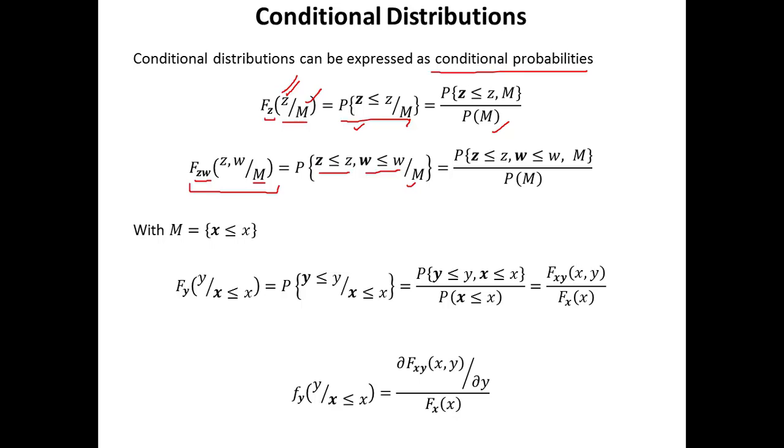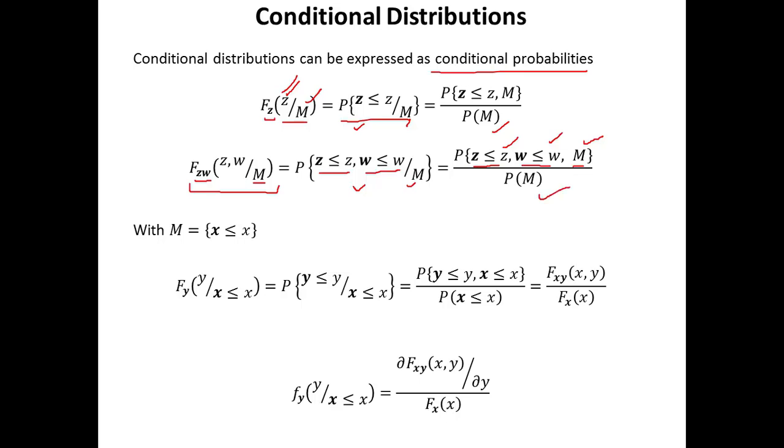If we again use Bayes theorem, this conditional probability can be written as the probability of the intersection of the events Z less than or equal to z, W less than or equal to w, and the third event M. So this numerator is the probability of the intersection of these three events, over the probability of event M.